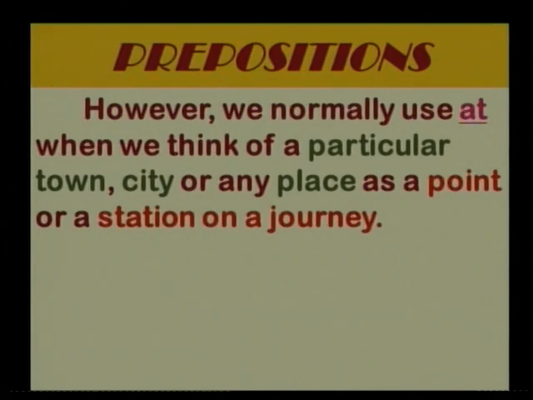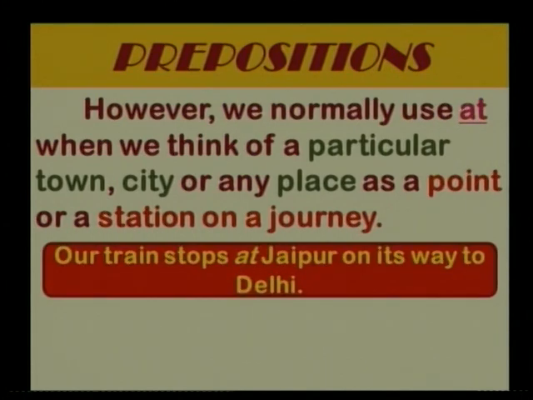We normally use at when we think of a particular town, city or any place as a point or a station on a journey. I'll give you examples which will make things clear. Our train stops at Jaipur on its way to Delhi. Please pay attention to the sentence on the screen. Our train stops at Jaipur on its way to Delhi.